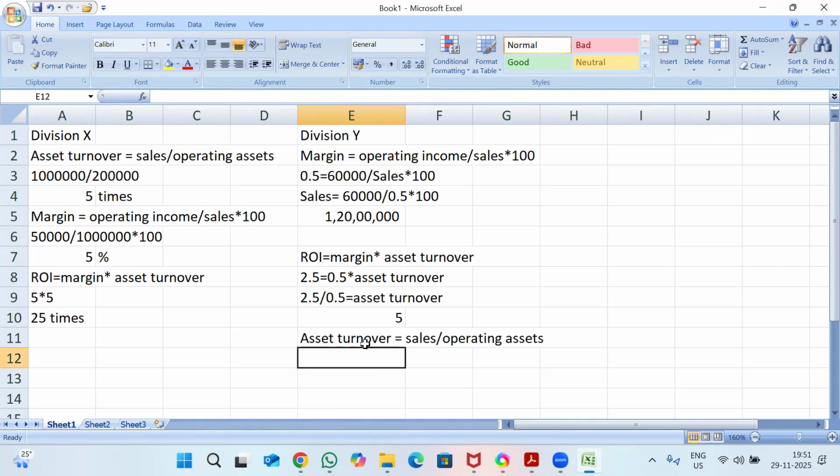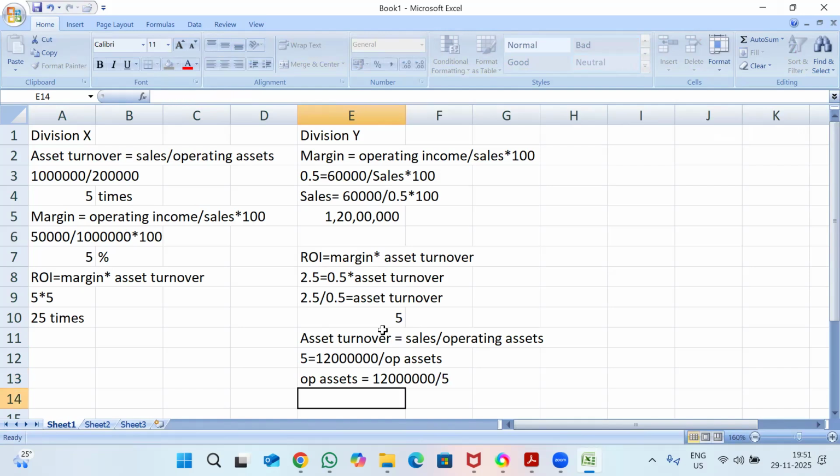So here I have asset turnover as 5 and my sales, that is 1 crore 20 lakhs, divided by my operating assets. So my operating assets is equal to 1 crore 20 lakhs divided by 5.